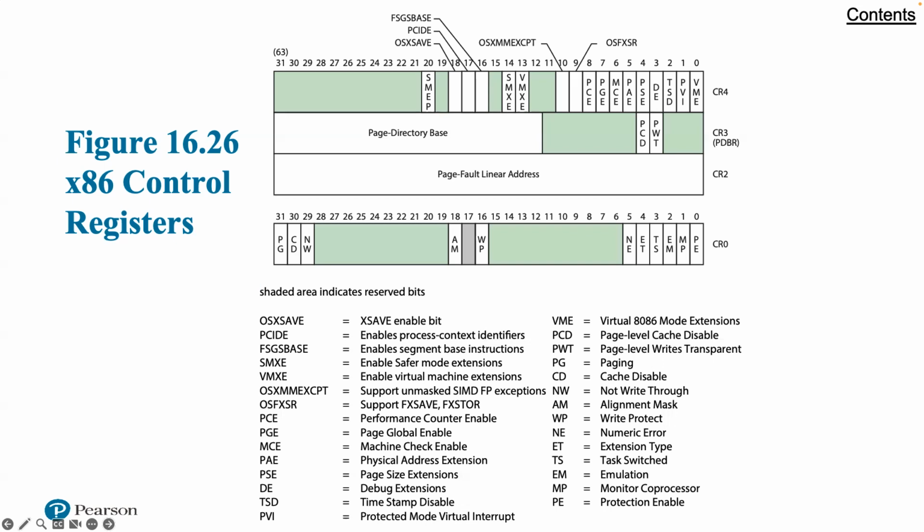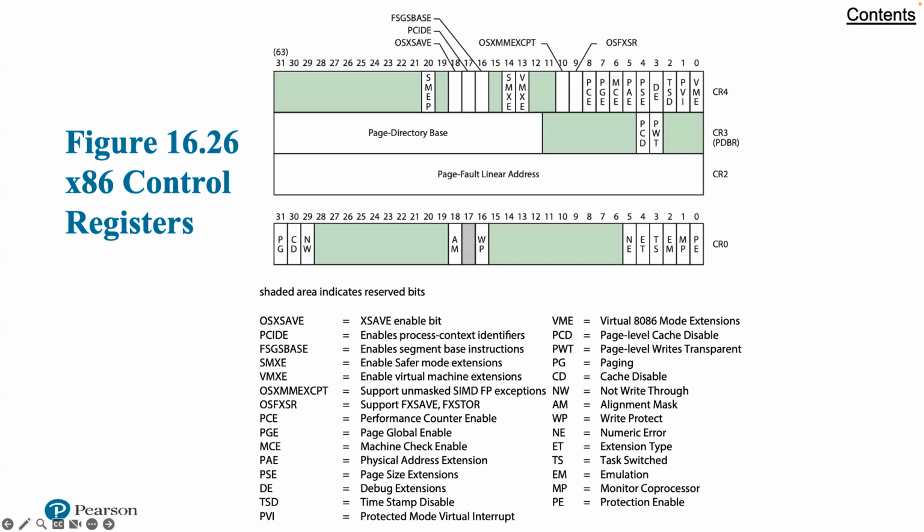There's a task switch, TS. It indicates that the processor has switched task. There's the extension type, ET. It's not used on the Pentium and later machines, but was used to indicate support of math coprocessor instructions on earlier machines. There's a numeric error, NE.